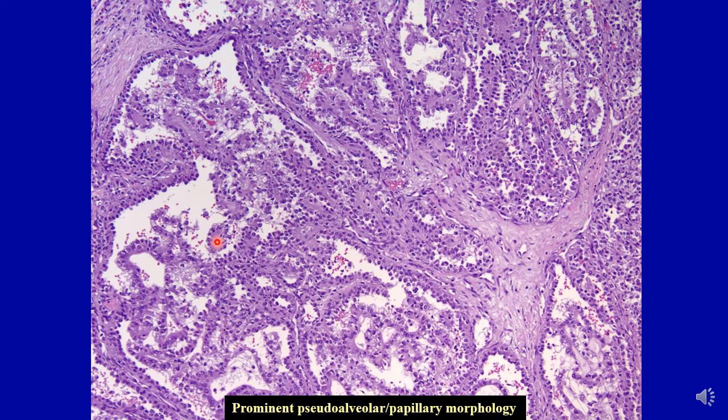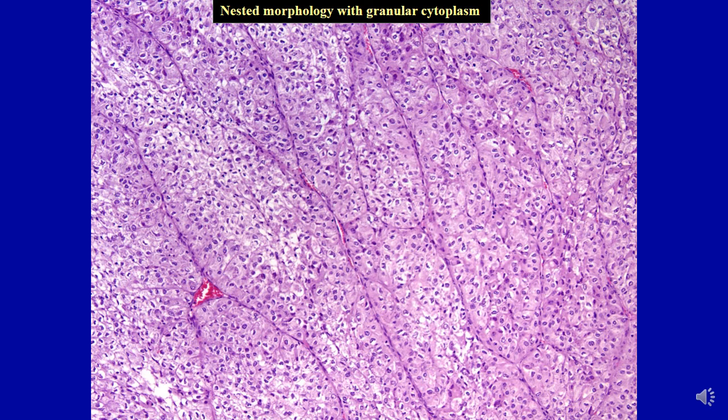In some other areas, the tumor had a prominent papillary morphology. In other areas, the tumor showed a prominent nested and alveolar type of growth pattern, and you can see here in this area the nuclei are clearly very high grade and also show granular cytoplasm.